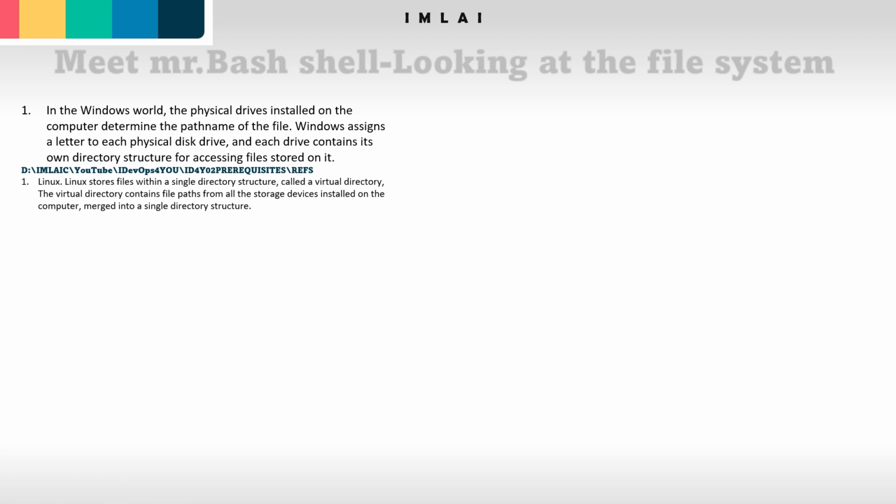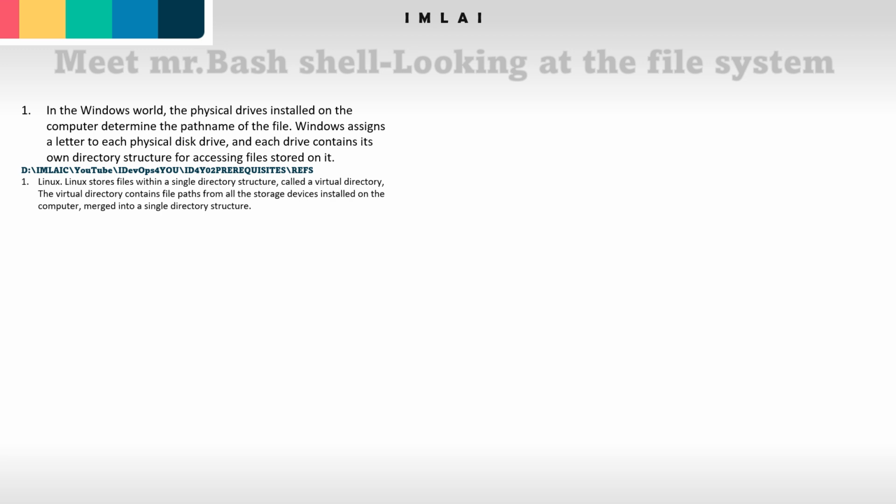Whereas Linux is completely different. This is not the method used by Linux. Linux stores files within a single directory structure called a virtual directory. The virtual directory contains file paths from all the storage devices installed on the computer, merged into a single directory structure.